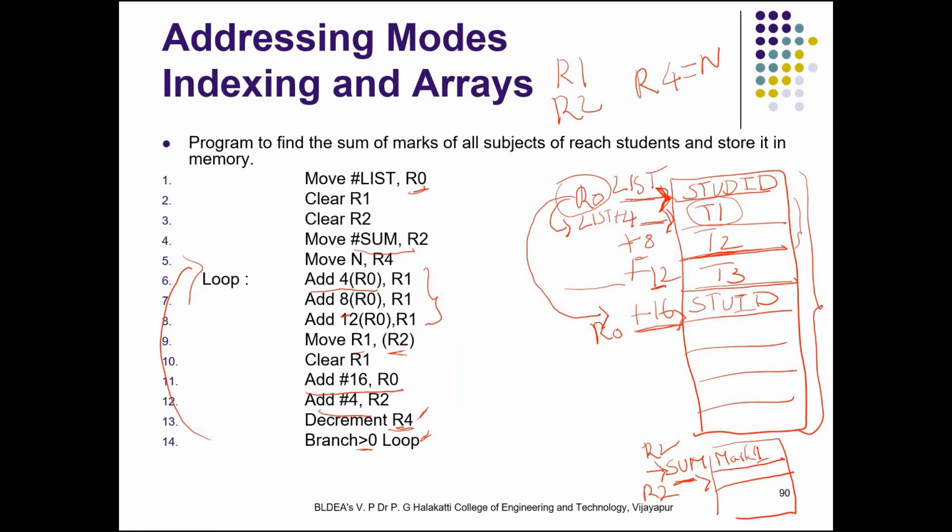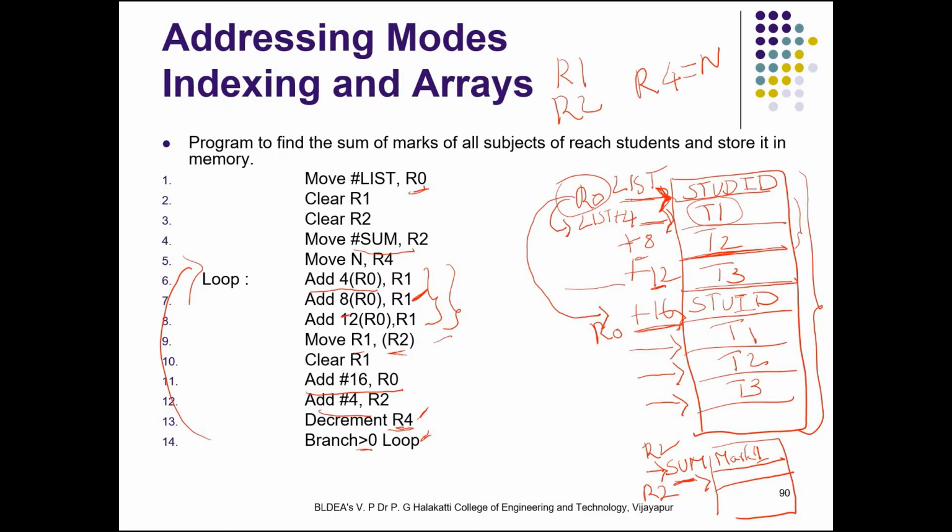With respect to this location, at a displacement of 4, the second student test 1 marks is there, and with respect to R0 at a displacement of 8, the test 2 marks is there, and at a displacement of 12, test 3 marks is there. So we are going to perform the same set of operations here again.